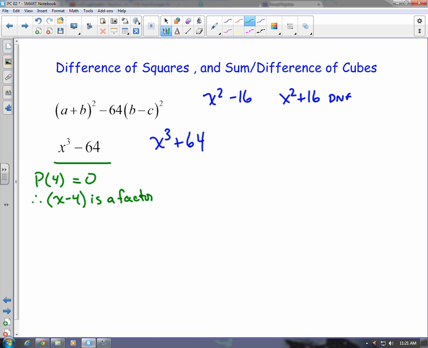Well, how do we find the partner factor? This is a bit of a review concept from 30-1. How else do you find the partner when we were doing the greatest common factor? What did we do? Divide, right? Absolutely. We divide. How do we divide x cubed minus 64 by x minus 4?